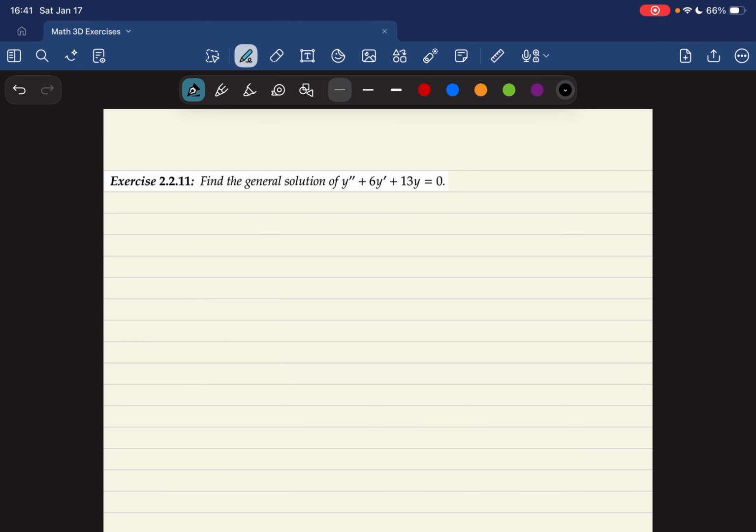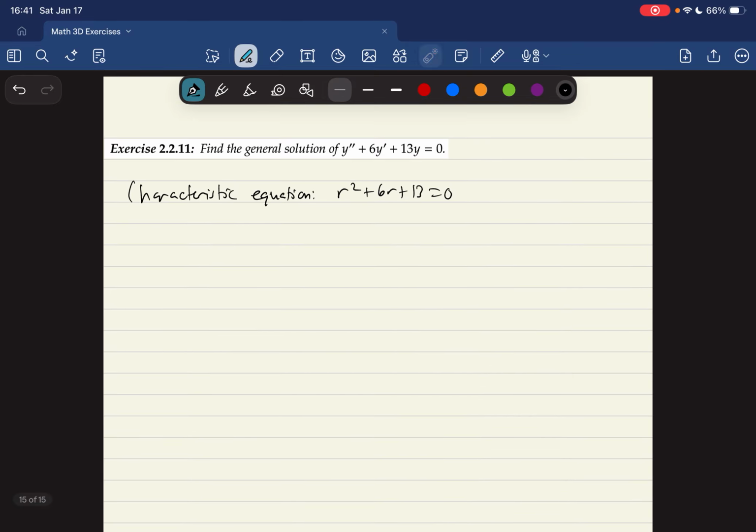And this leaves us with the last equation. Nothing different. First thing we're doing is the characteristic equation, which in our case is r squared plus 6r plus 13 is equal to 0. And so here, I'm going to use the method of completing the square.